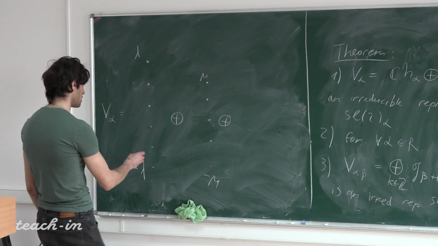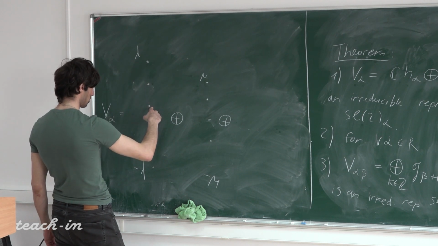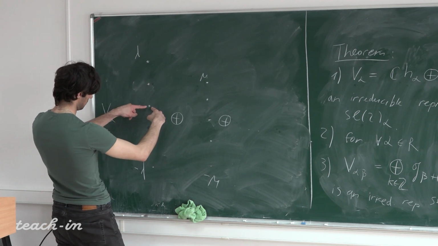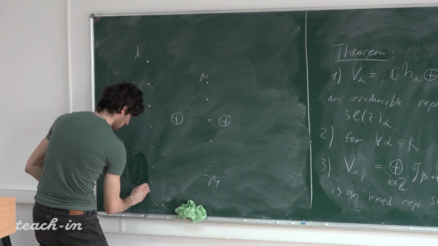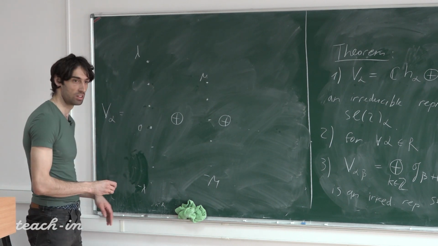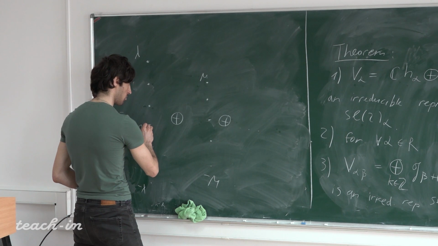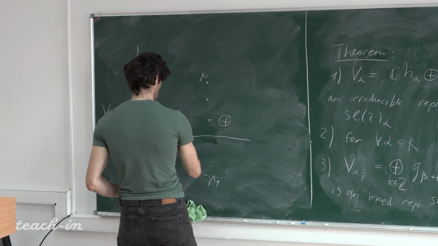Right. So suppose I need to have maybe one more here, right? Then this is 0. And how many points do I have in this 0 line?